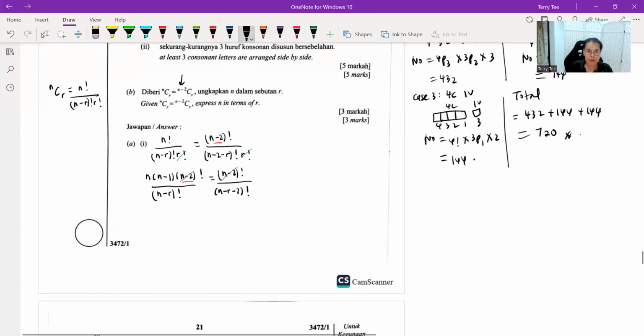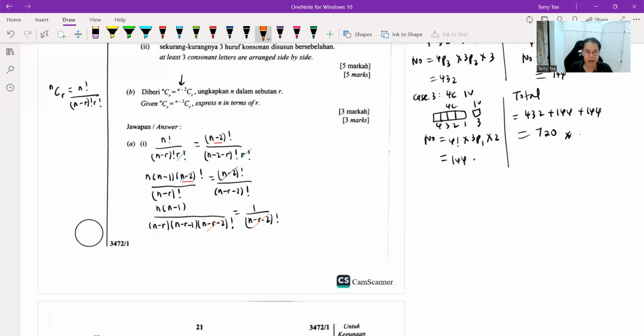And again, I'm going to repeat the same trick. This is n minus 1. This n minus r is actually (n minus r minus 1) times (n minus r minus 2) factorial, and I have a 1 over (n minus r minus 2) factorial. Why do I break this up? Because I want to cancel this.